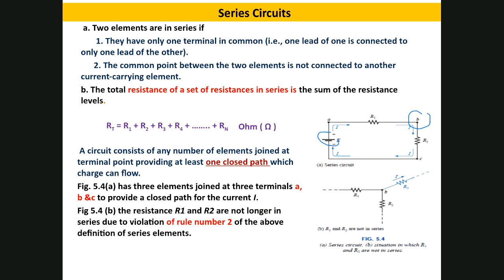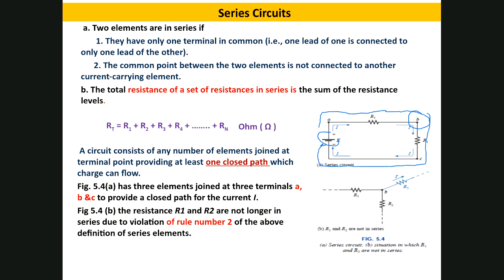So the circuit is basically a closed loop or closed path, meaning the flow of the charge, or the current as conventional current, starts from the source, then goes through R1, then goes through R2, then back again to the same point, which is the source.